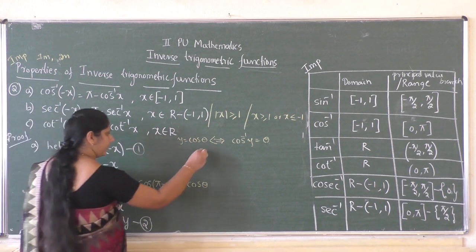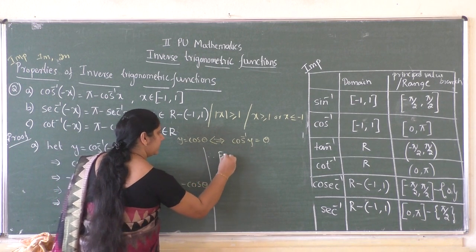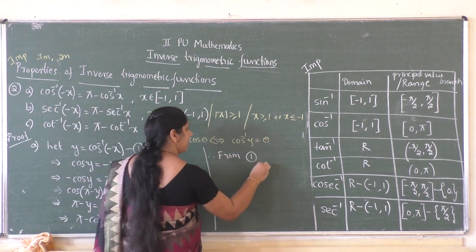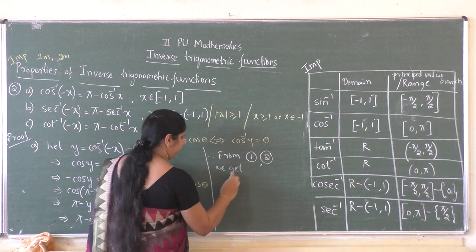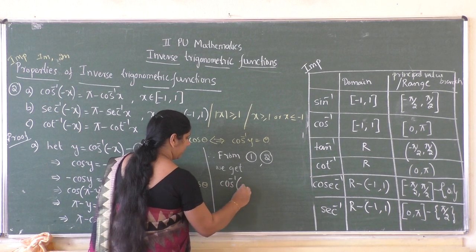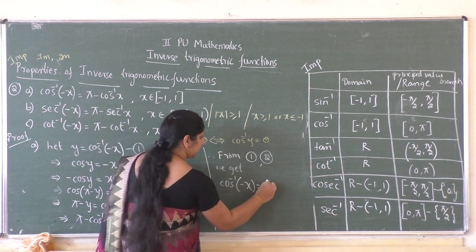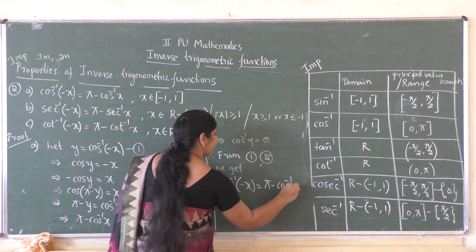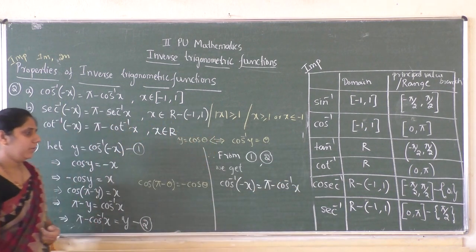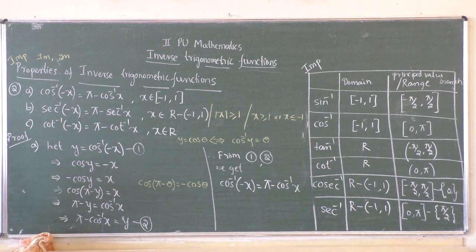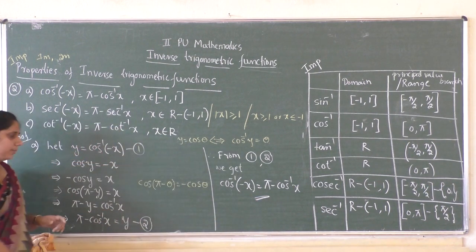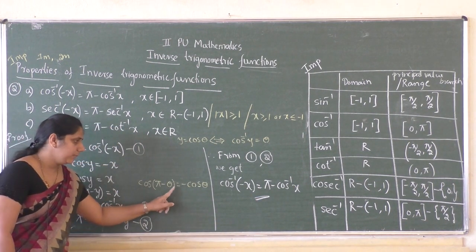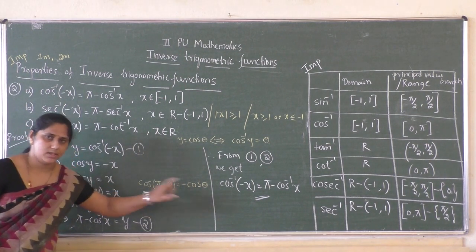Therefore from equations 1 and 2 we get cos inverse of minus x equal to pi minus cos inverse x. Here we use the property cos of pi minus theta equal to minus cos theta.